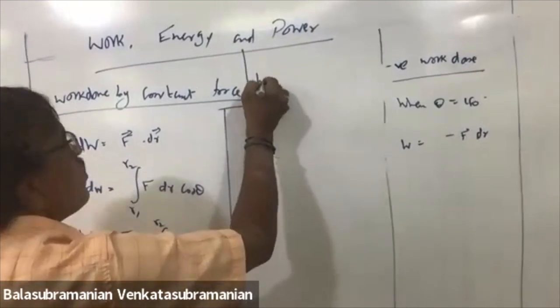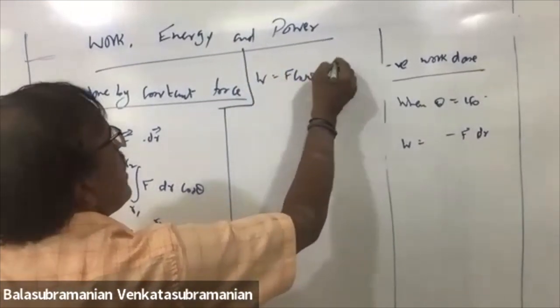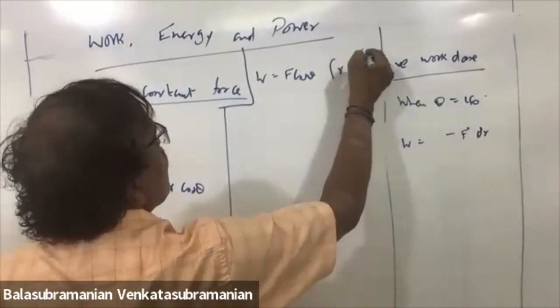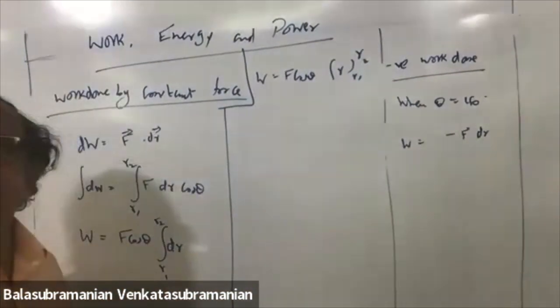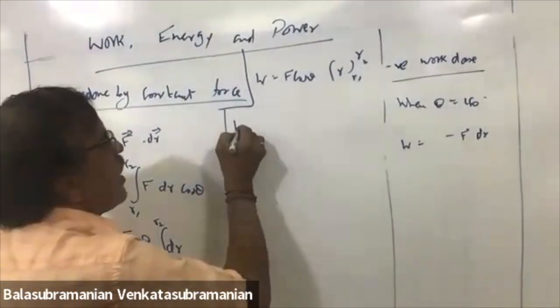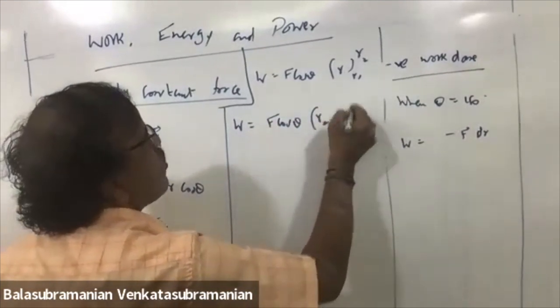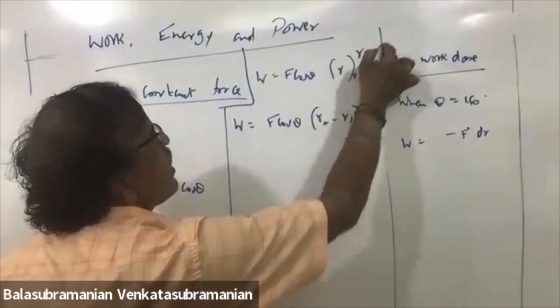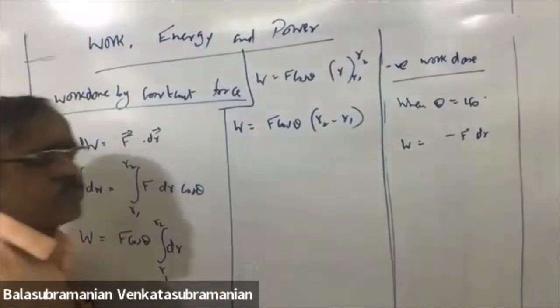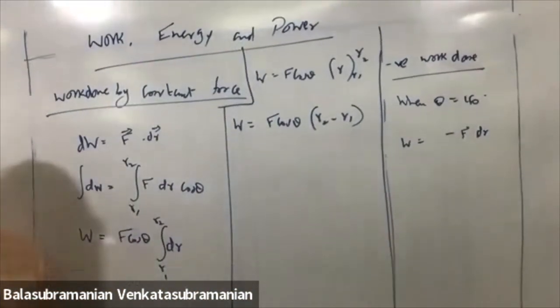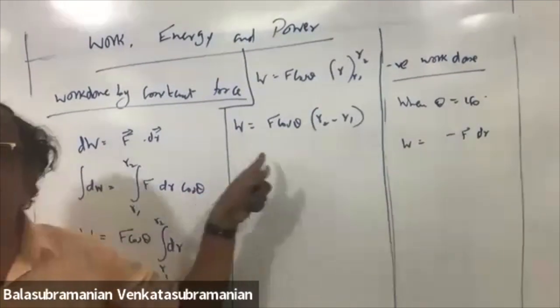The integral of dr is R, so W is equal to F cos theta into R2 minus R1, upper limit minus lower limit. This is work done by constant force.